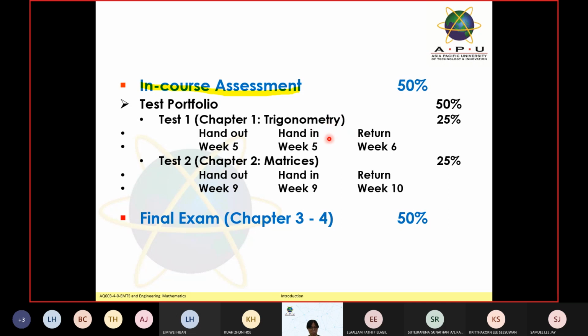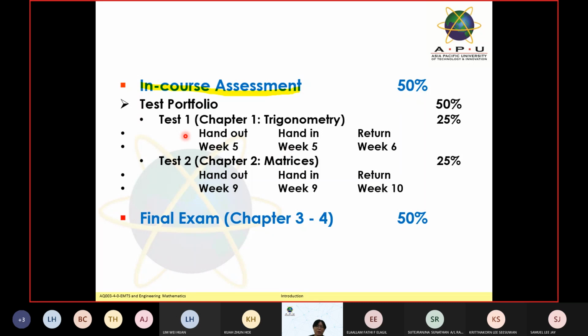Test 2 will assess matrices instead of quiz 3 and quiz 4. So 4 quizzes become 2 tests.